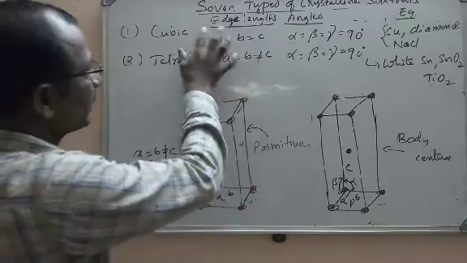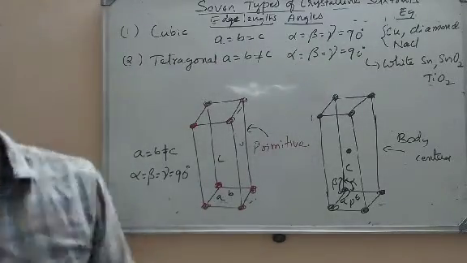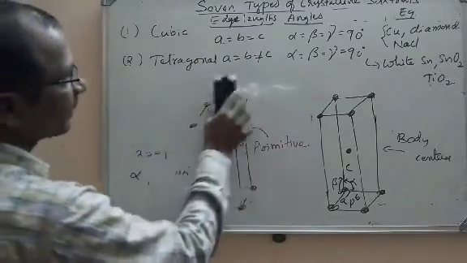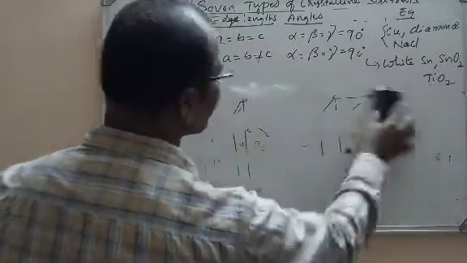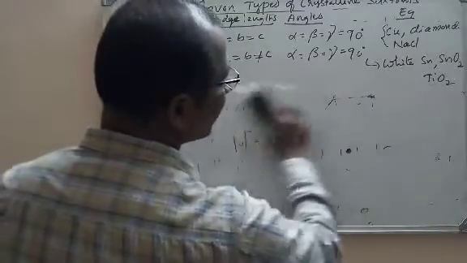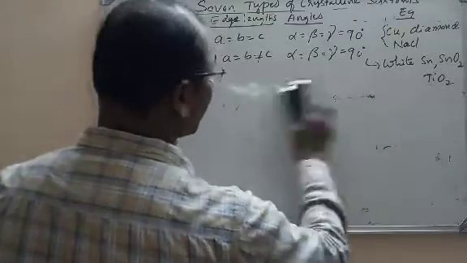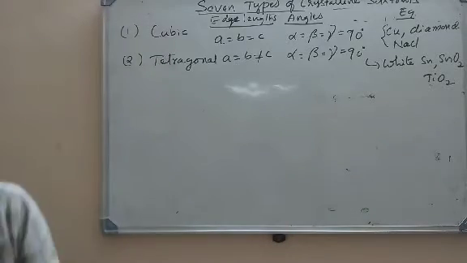Try to remember these dimensions and examples. The remaining will be easily understood. So tetragonal is the same as cubic, but the only thing is A is equal to B is not equal to C. In cubic it is A is equal to B is equal to C. Let me finish the remaining of the 7 crystalline systems. Later we'll go for the remaining.